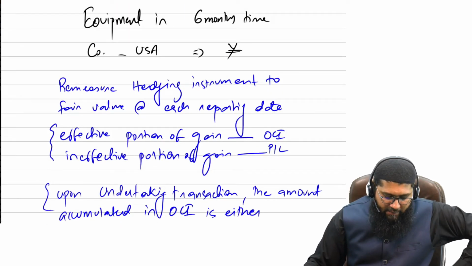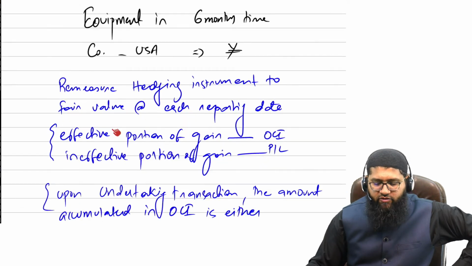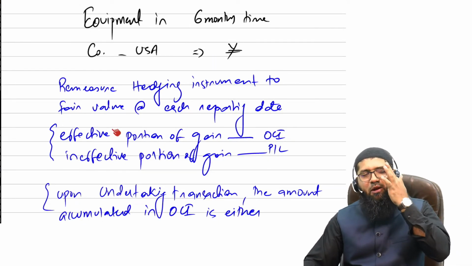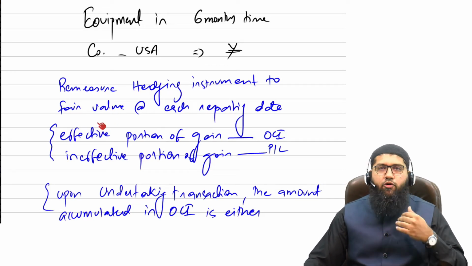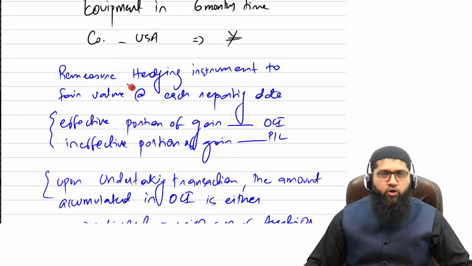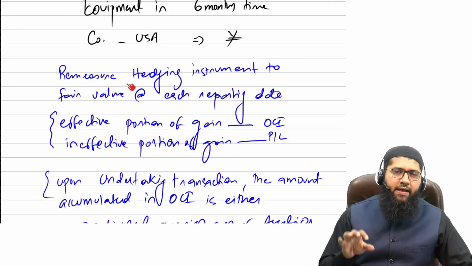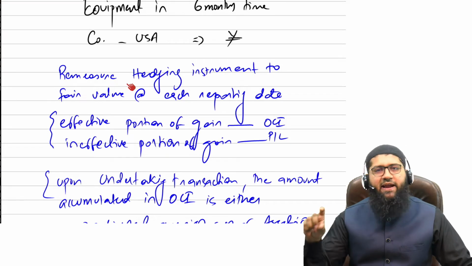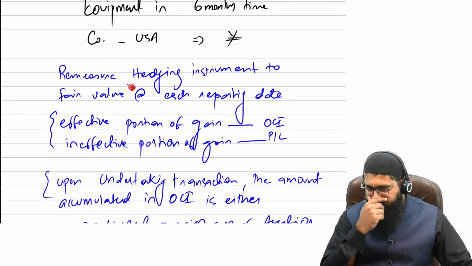When we talk about the cash flow hedge, it is basically a highly probable future forecast transaction which you are hedging. You need to make sure that you remeasure the hedging instrument at fair value at each reporting date, and the effective portion of the hedge should be taken to OCI, and the ineffective portion of the hedge should be taken to P&L.